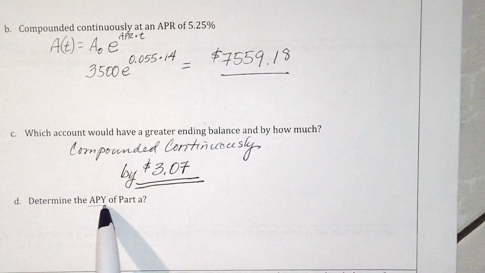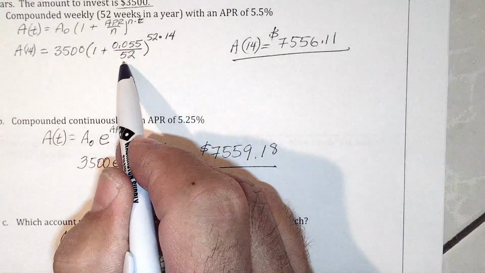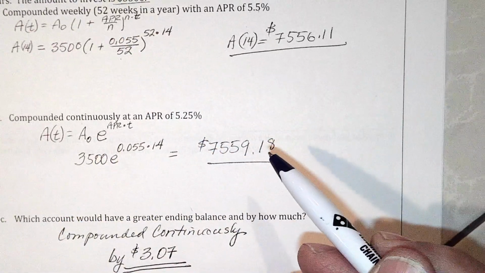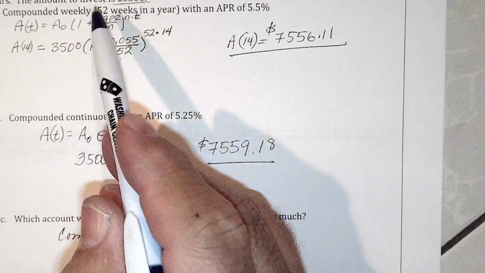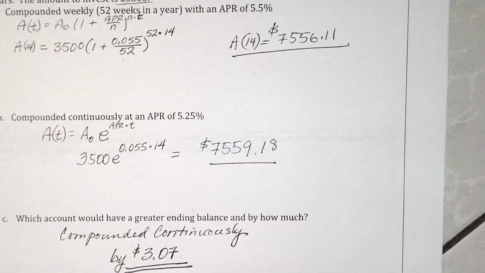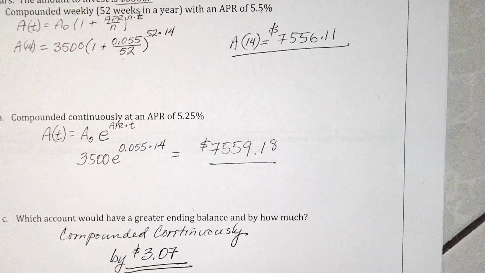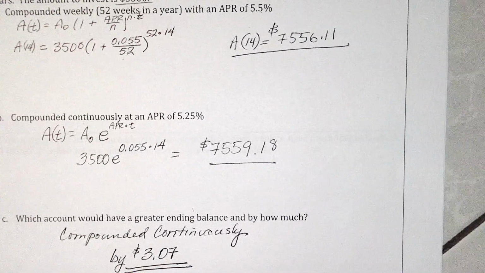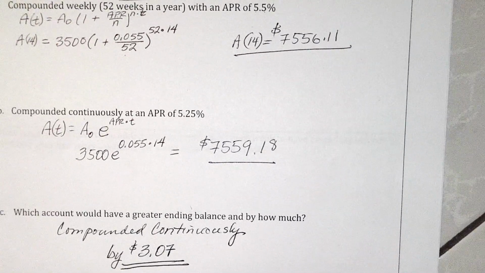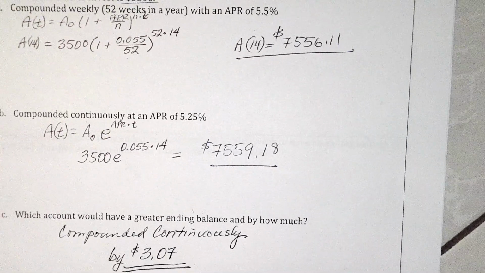Determine the APY of Part A. Now, for the APY you take how much there was in the beginning away from how much after year one. So you figure out the amount after 1 year minus the amount at the start, over the amount at the start, times 100 to make it a percent.